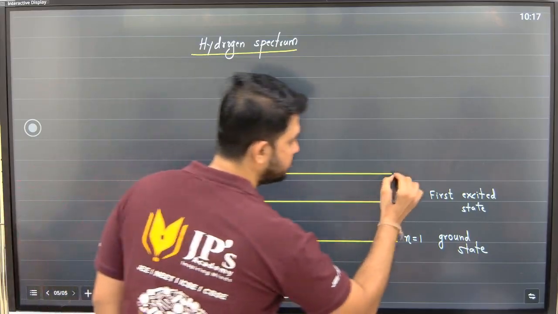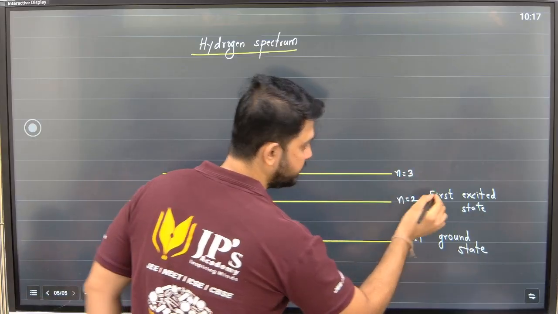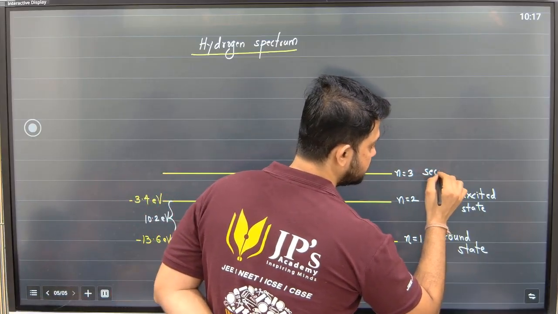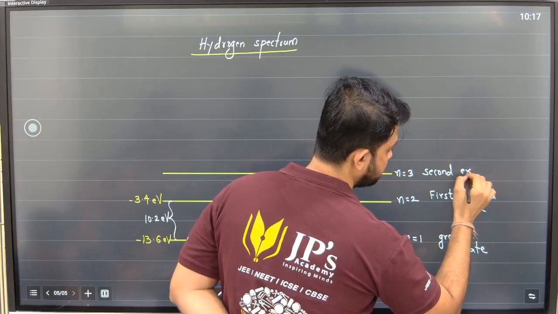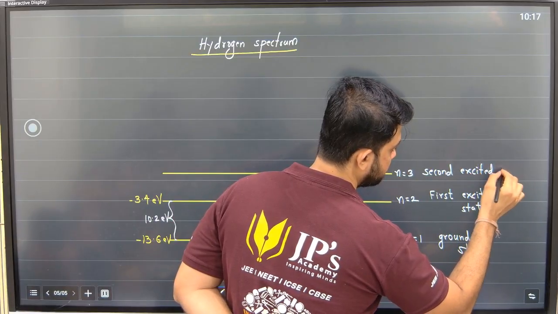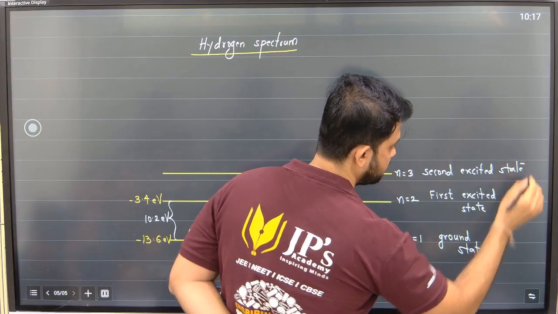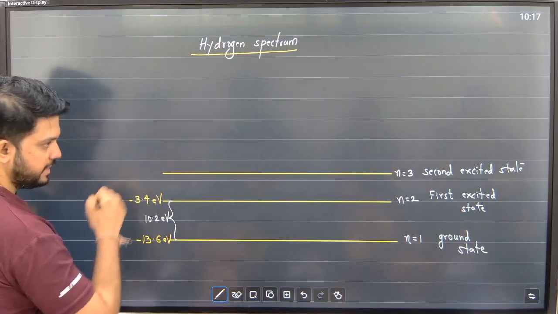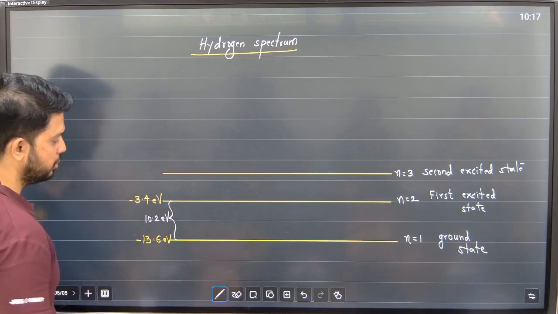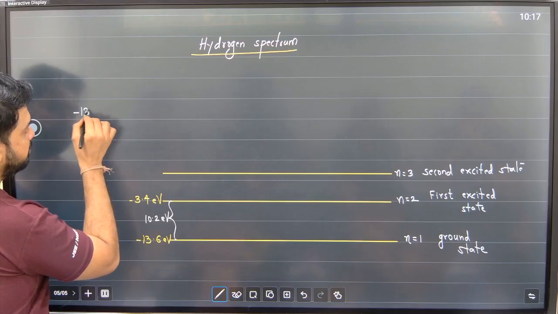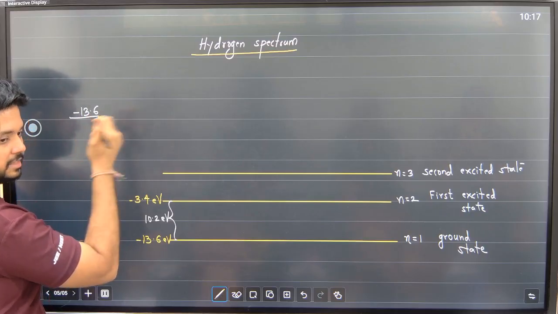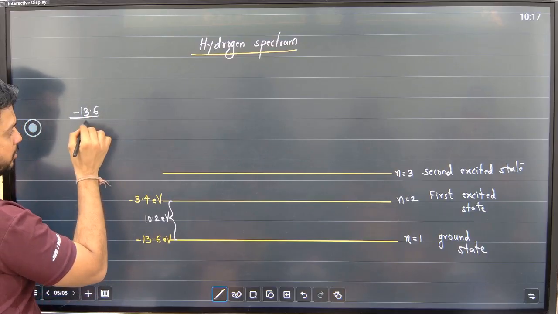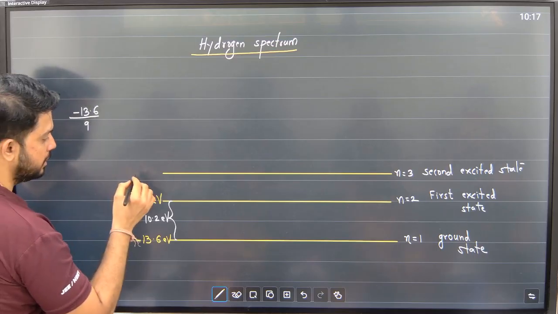This is n is equal to 3, or we call this the second excited state. Can someone give me the energy over here? Approximate will also do. Minus 13.6 upon 3 square, Z square over n square. So how much is it going to be, people?